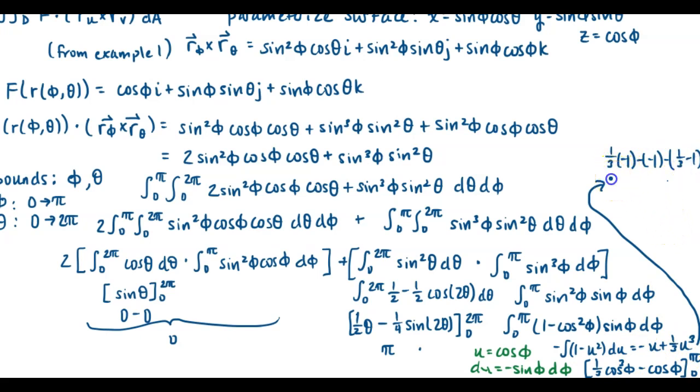Well, this gives us a -1/3 plus 1 minus 1/3 plus 1, which is 4/3. Finally, because we are multiplying the pi and the 4/3, we get 4/3 times pi, which is 4 pi over 3. And there we have it.